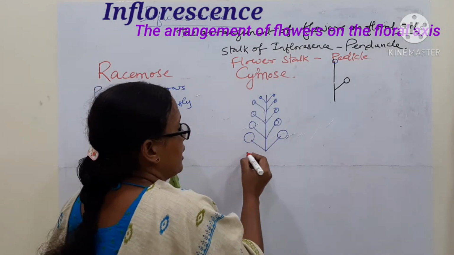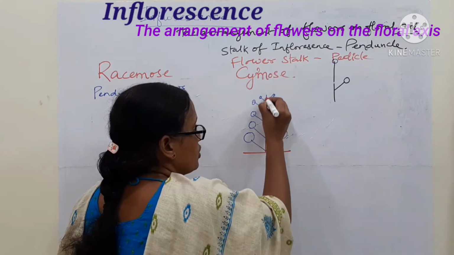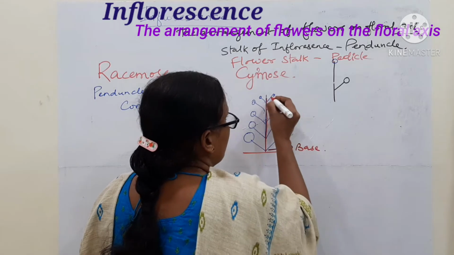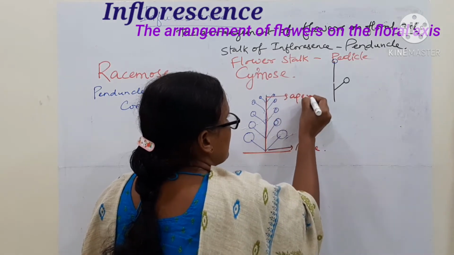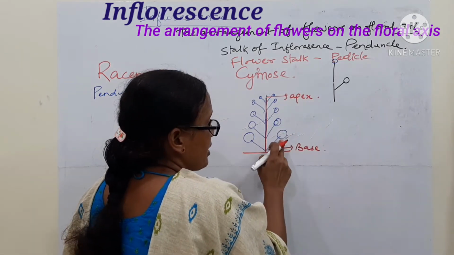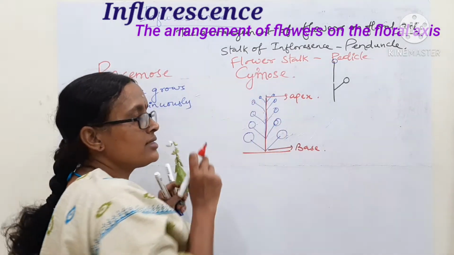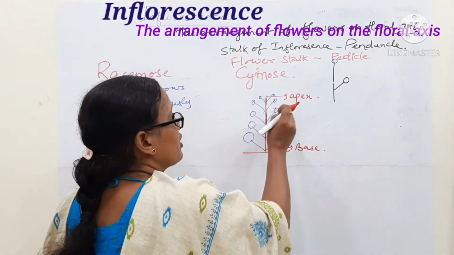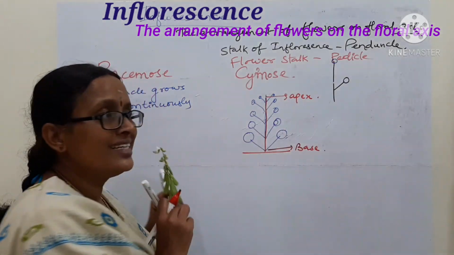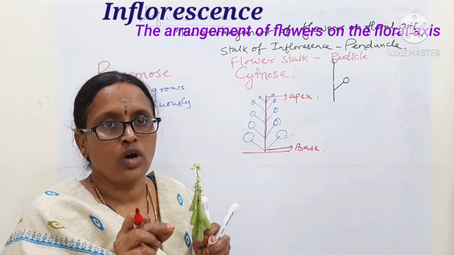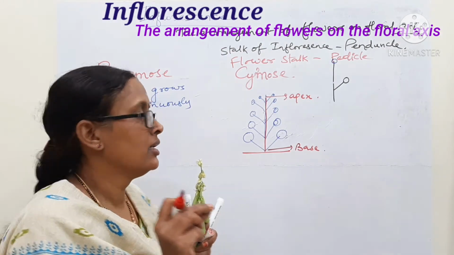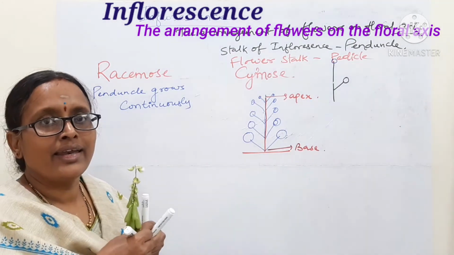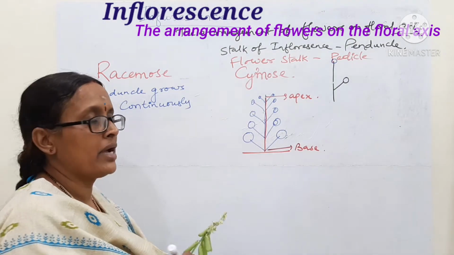This is the peduncle, the inflorescence axis, with a base and an apex. This type of arrangement is called acropetal arrangement.